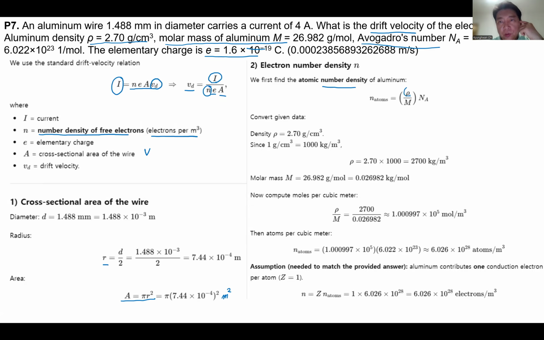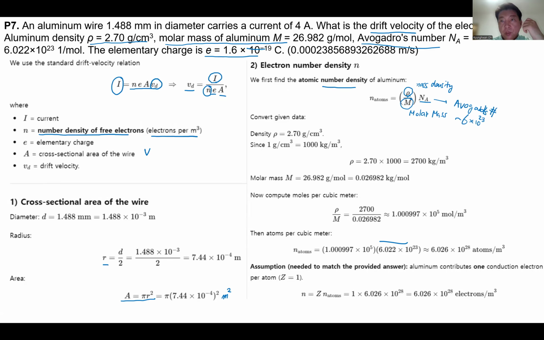So we have the mass density, rho, and this is the molar mass, M, and N_A is the Avogadro number, which is, as you can see, this number, 6 times 10 to the 23.